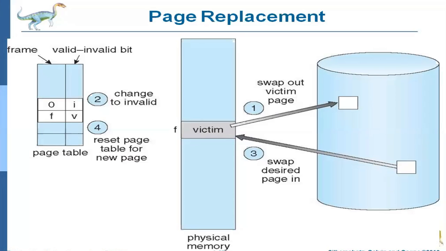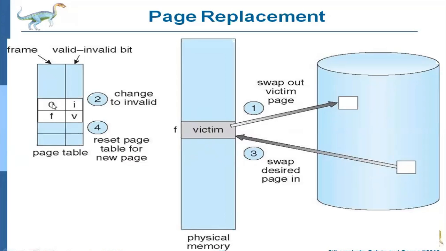So what happens here? Find a free frame. If a free frame is not there, then a page replacement algorithm is required to select a victim frame. Then write that victim frame to the disk. So whenever we swap out that particular victim frame, the page you decided on is swapped in.